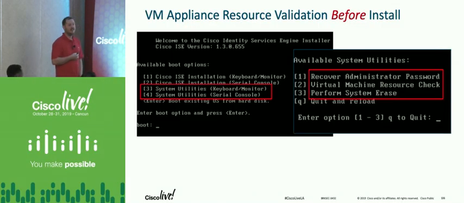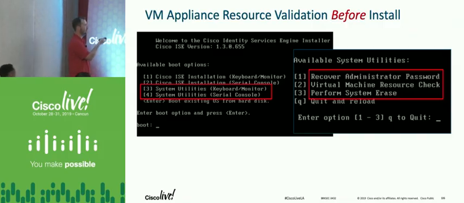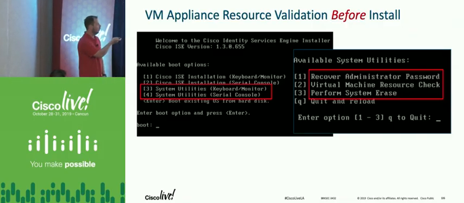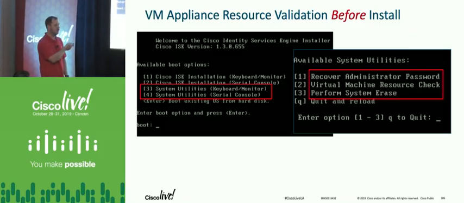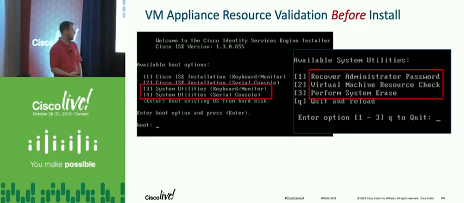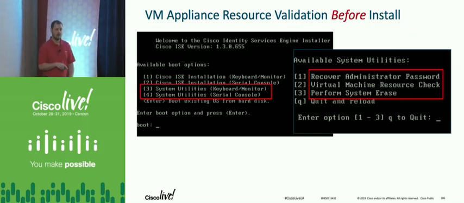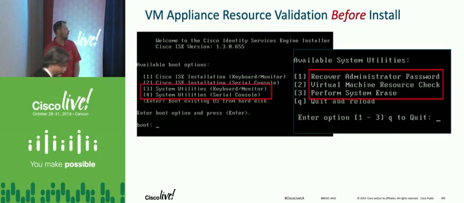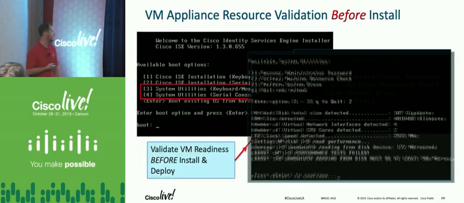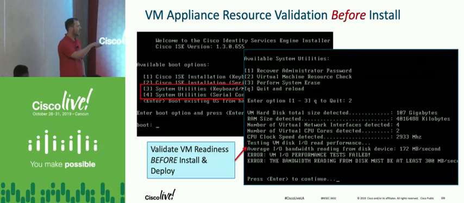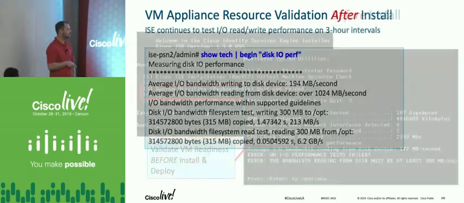Now, one of the things that can help during this journey of deploying VMs is the ability to do a resource check before you ever install ISE. So you can actually run a virtual machine resource check while you're deploying an ISE node and make sure that it's meeting the specs of the VM platform.